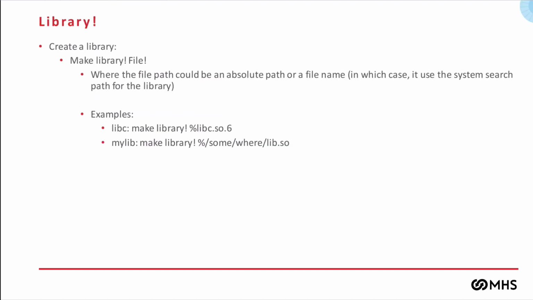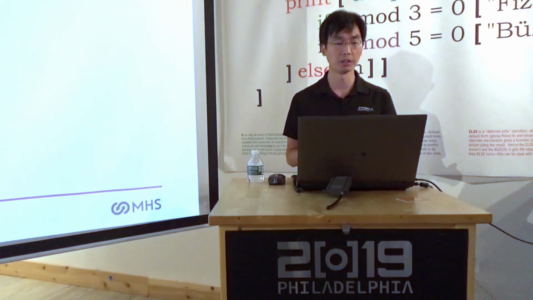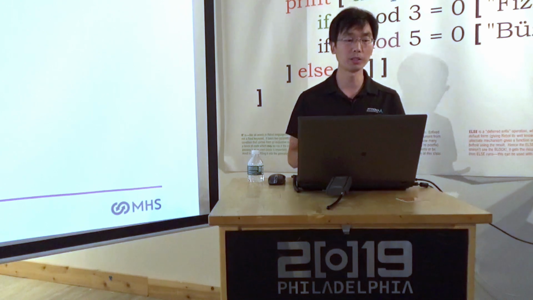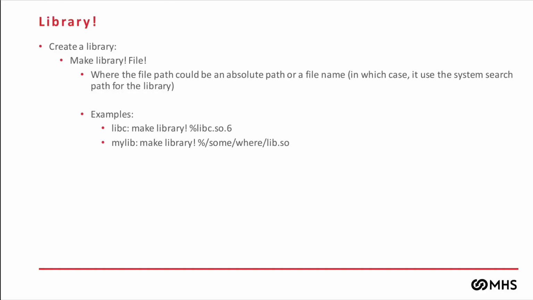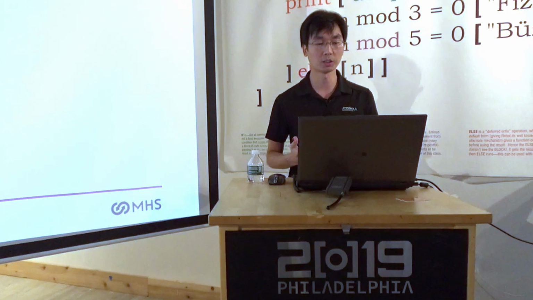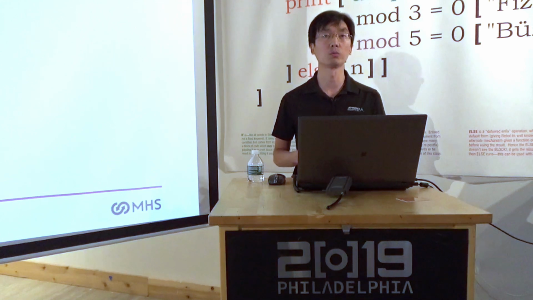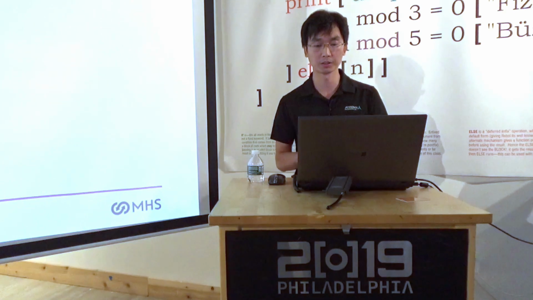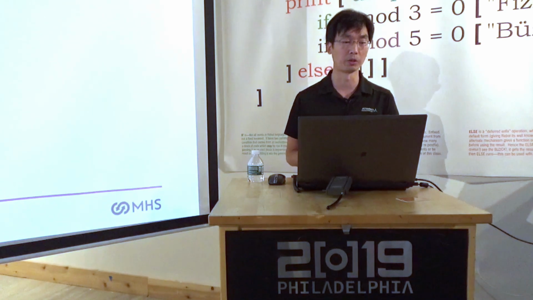So first, the library, which is pretty similar to what we have in Rebol 2. You just call make library and pass a file. This file path could be an absolute path to the library file on your system, or a file name, in which case it will use the system search path for the library.